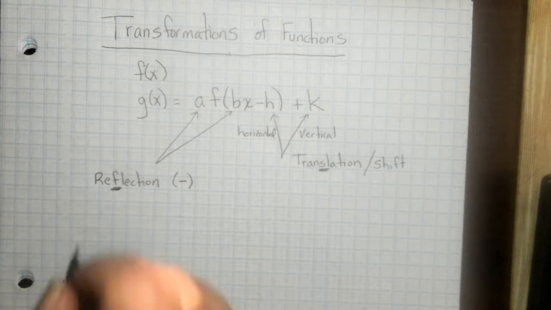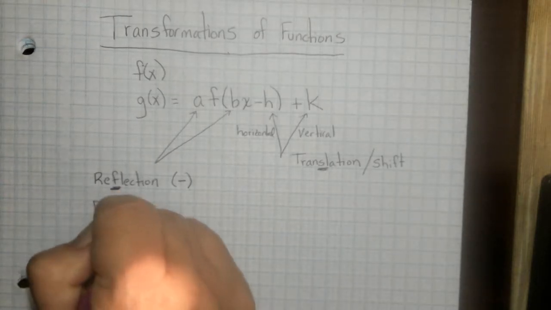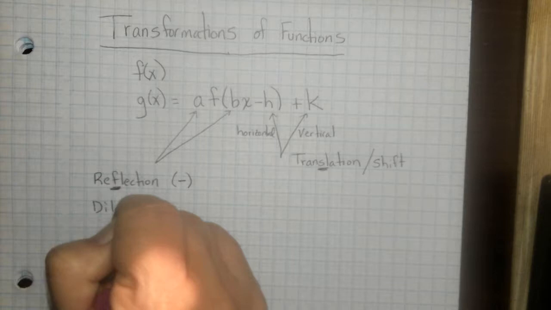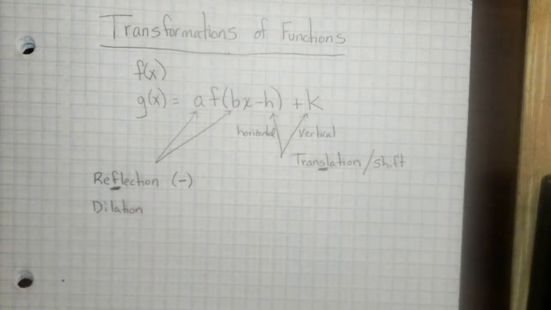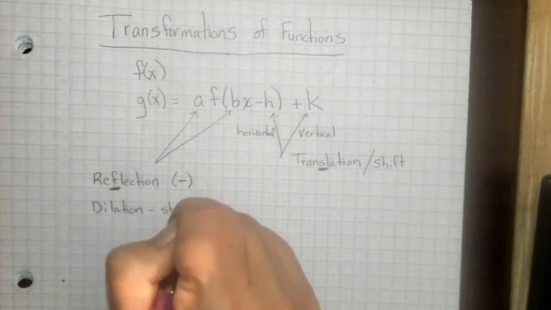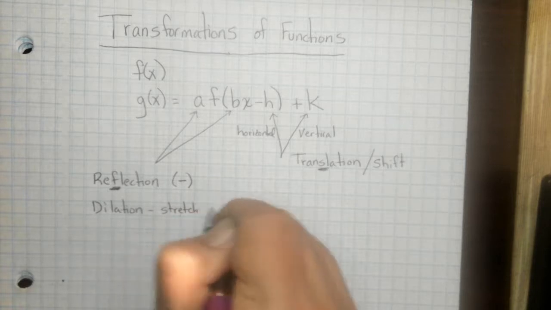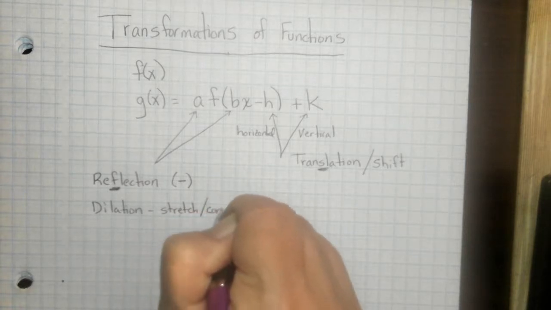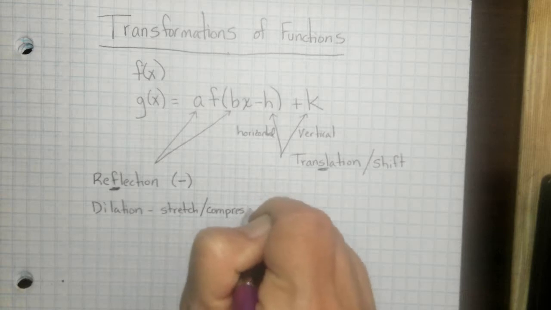And the other thing a and b cause is a dilation. When things dilate, they change sizes. And so graphically, we talk about them being a stretch or a compression, stretching or compressing.